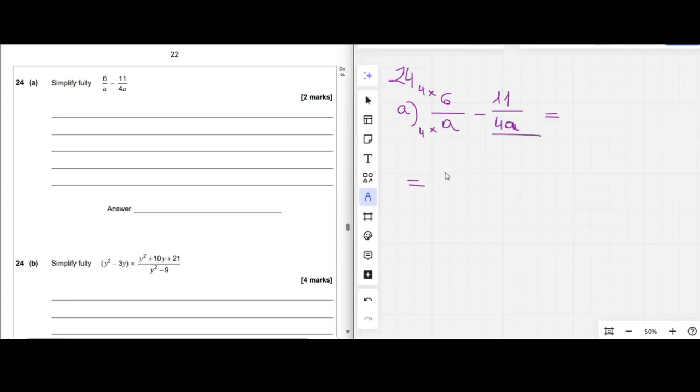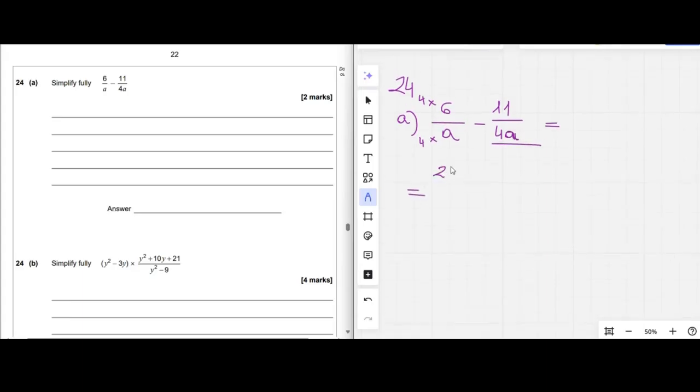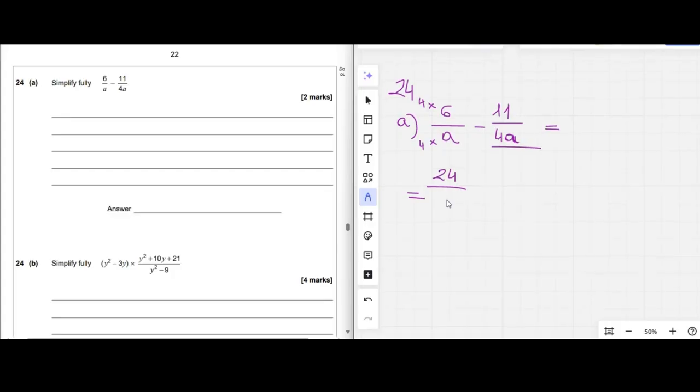It will give us 24 over 4a minus 11 over 4a. 24 minus 11 is 13 over 4a. And I think that will do.